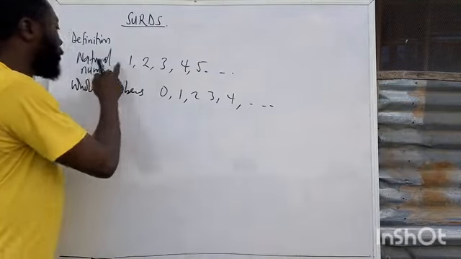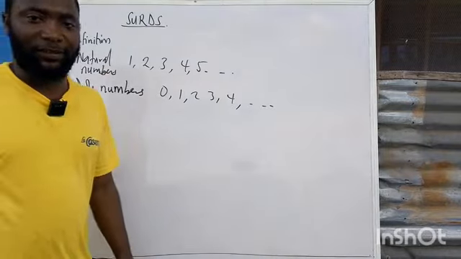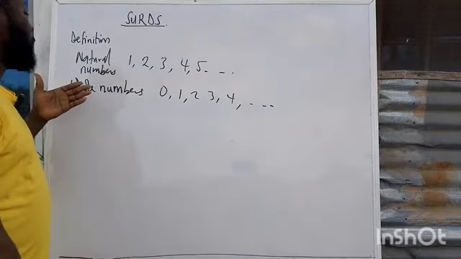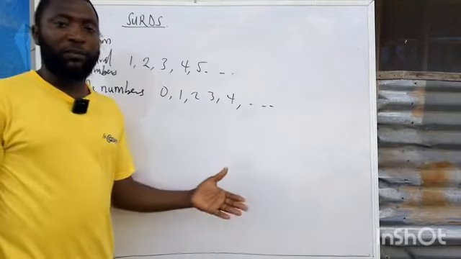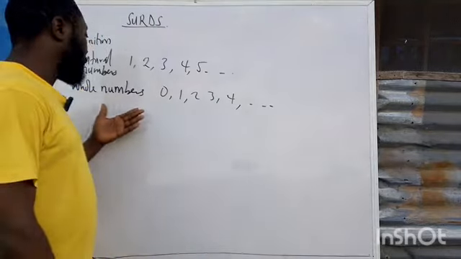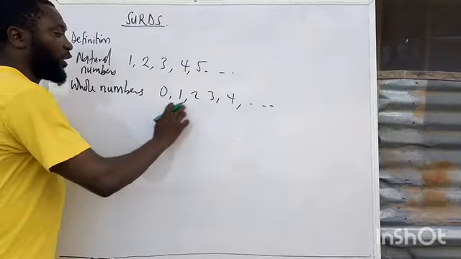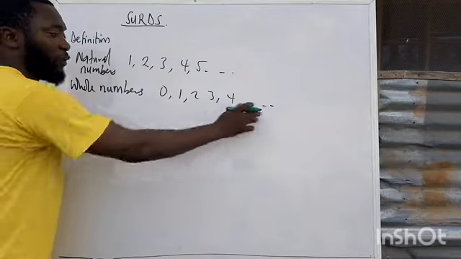Then after whole numbers, we have what we call integers. Integers are the set of positive and negative whole numbers. Meaning, this set of whole numbers, all these are positive.